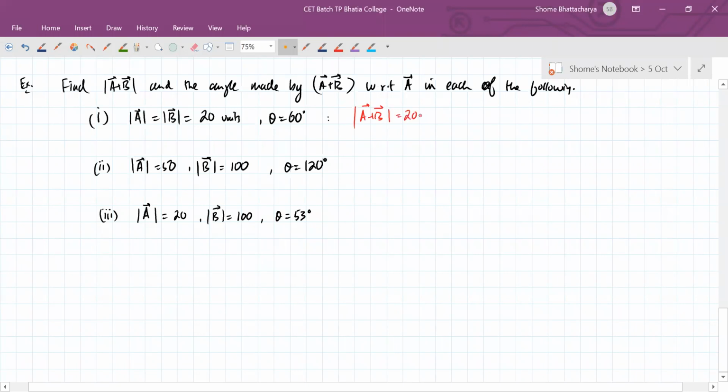Getting this as 20 root 3 units, and the angle made should become 30 degrees. Okay.